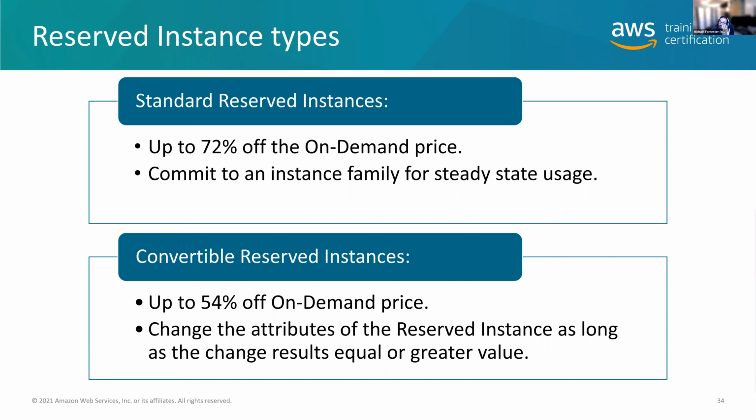If you want to take 4 of those T3 smalls and crush them together, you can get 2 T3 mediums. If you want to smush those 2 T3 mediums together and get 1 T3 large, you can do that. Note that ability to put things together and break them apart is an attribute of convertible reserved instances. So you can actually modify the t-shirt sizes, right?